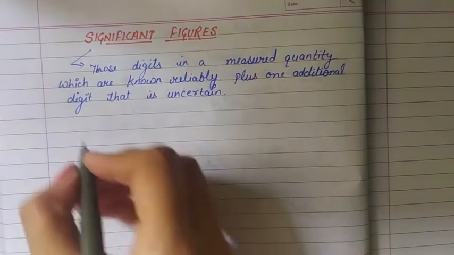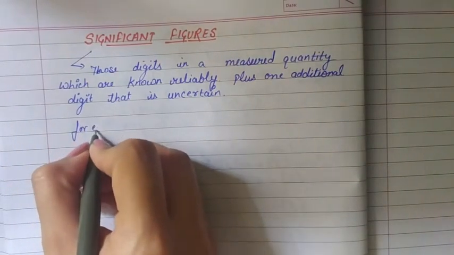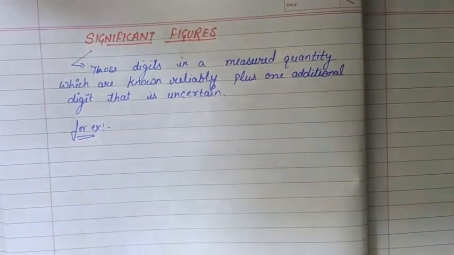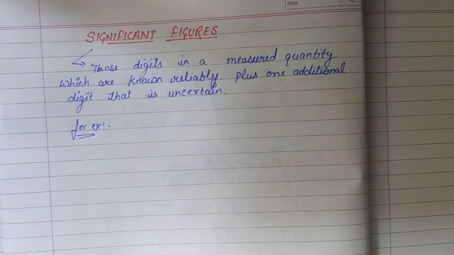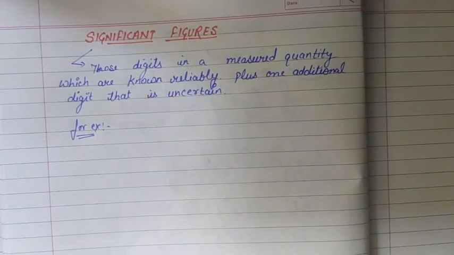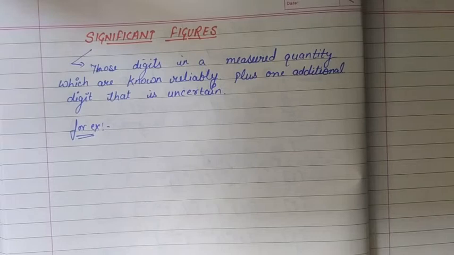Let's see an example. There are three students observing an incident and noting down the time period for that incident to happen.